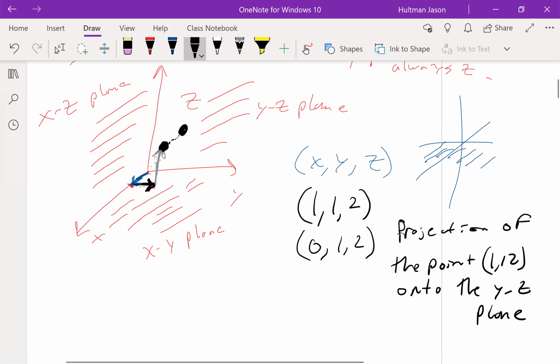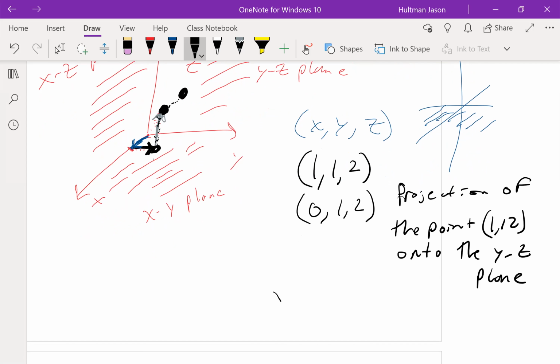Okay, what about the XY plane? Where would this point be projected on the XY plane?